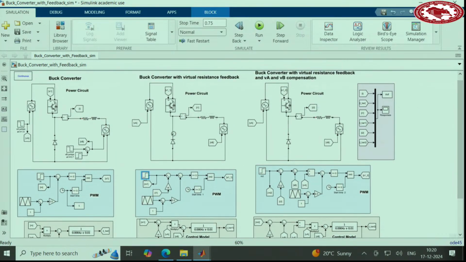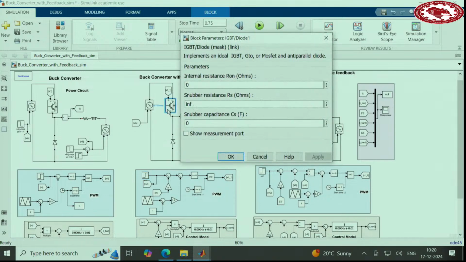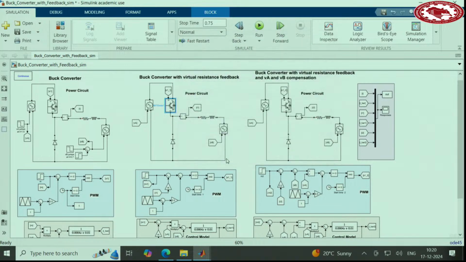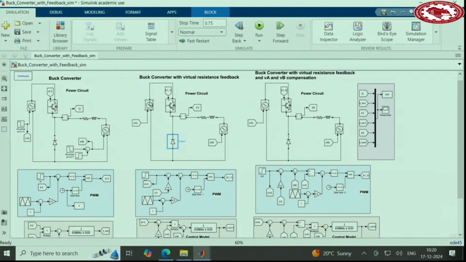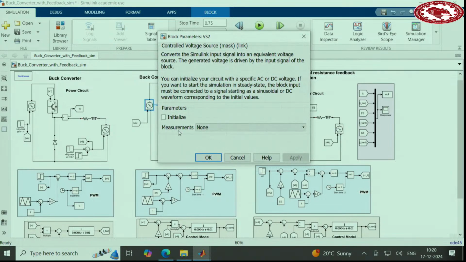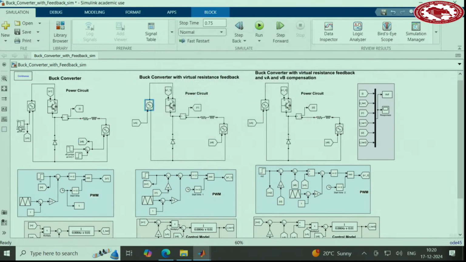The switch and diode are basically the standard blocks from Simulink. I think I chose ideal switches, no problem. Diode also, the ideal diode. And here I used a controllable voltage source, so you can apply a jump.